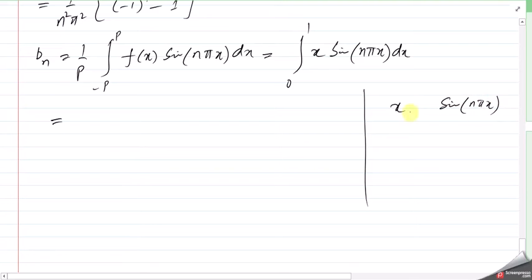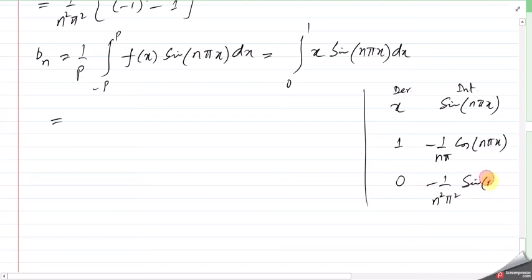Sine n pi x, take derivative of this and take integral of this. Derivative of x is 1 and 0, integral is minus 1 over n pi cos n pi x, and minus 1 over n square pi square sine n pi x, and plus and minus and multiply.